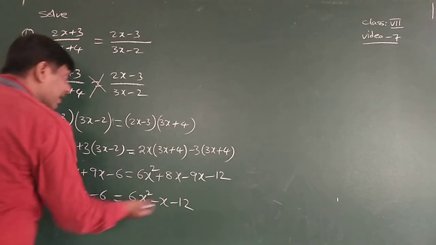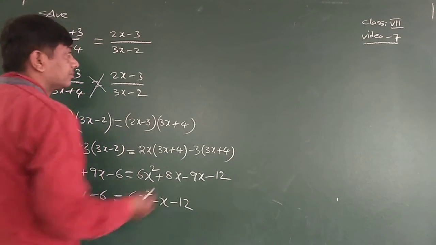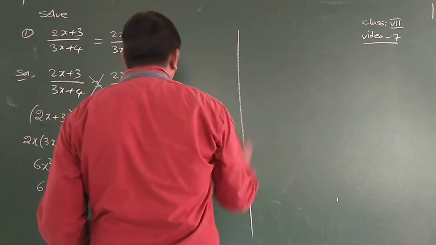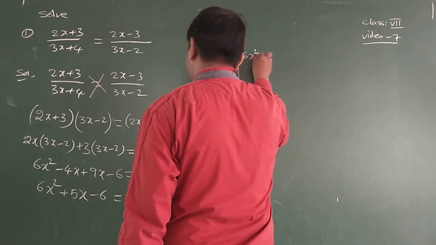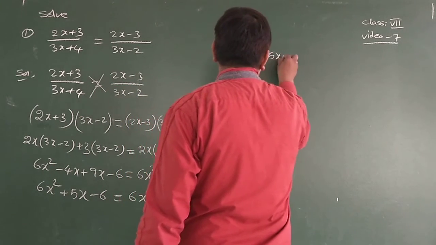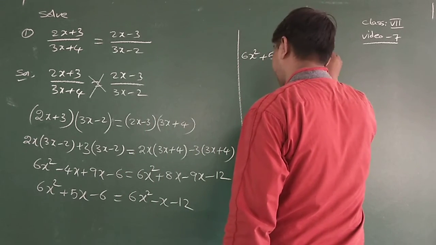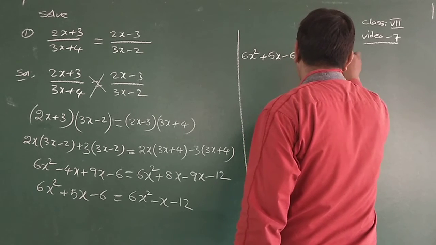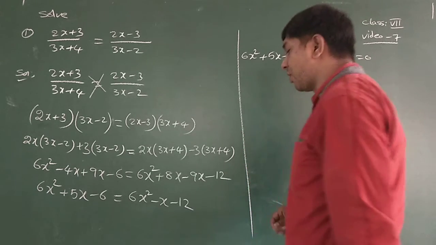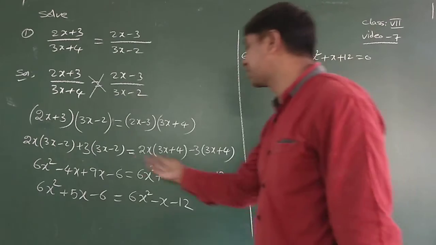Now take all these terms to the left side. Then what you get here? 6x square plus 5x minus 6 minus 6x square plus x plus 12 is equal to 0. All terms I took to this side.